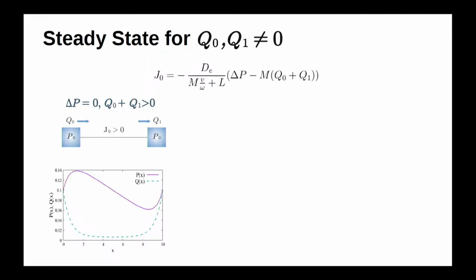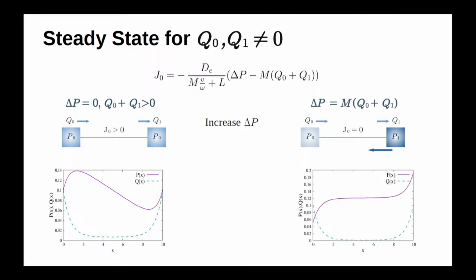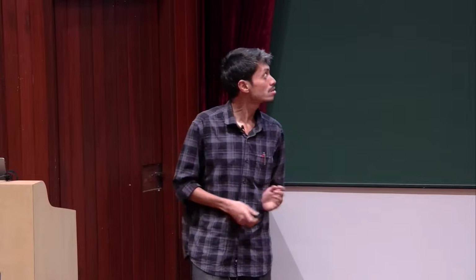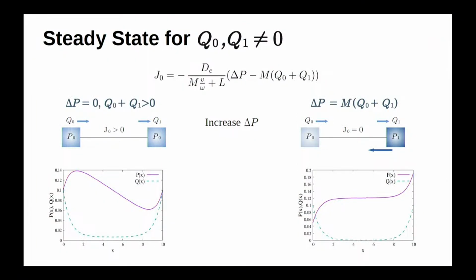Now you increase the density gradient. So say this P0 is now increased on the right reservoir. It will induce a current against the magnetization-driven current, and at some point the current will be 0. This is interesting, at least to us, because you imagine a picture where you have two fixed walls, so that there is no particle current, but somehow you have some mechanism in which you give two different magnetizations at the two walls, and that difference will create a density gradient.